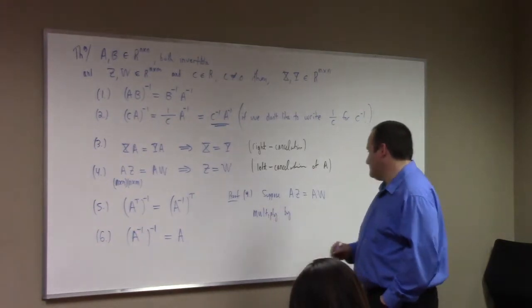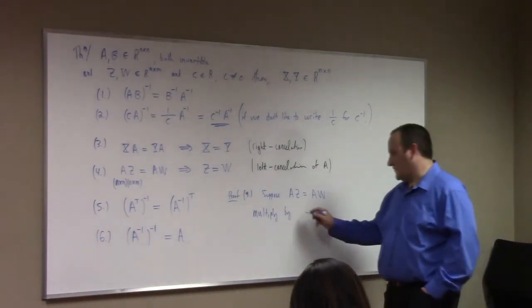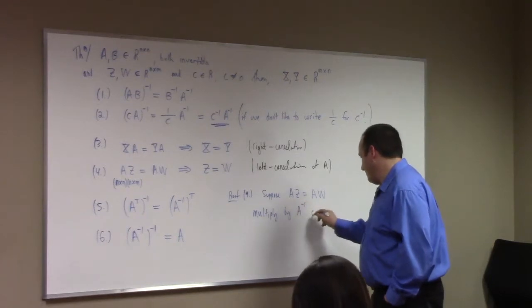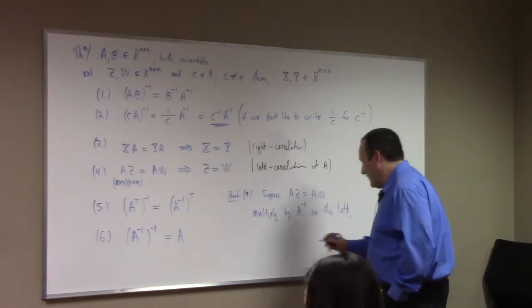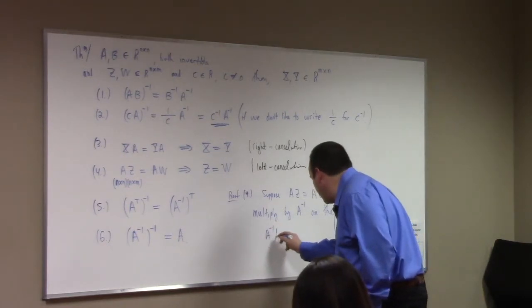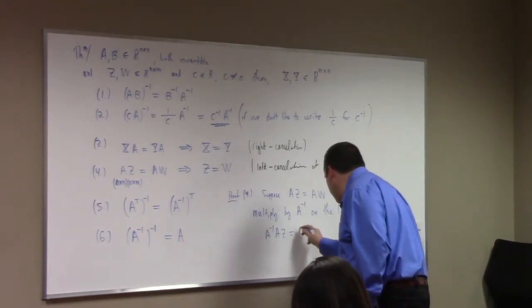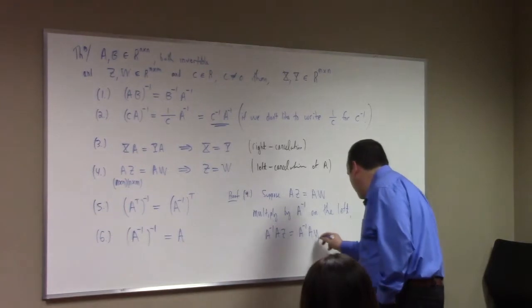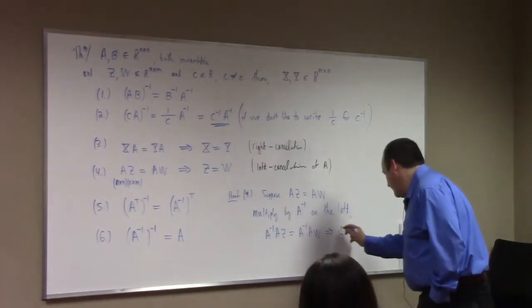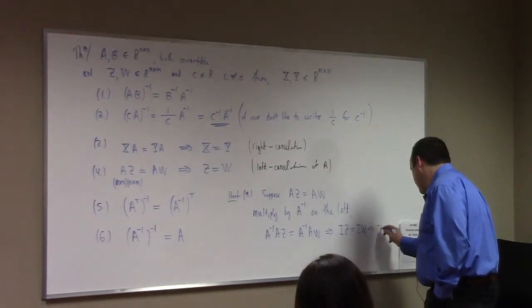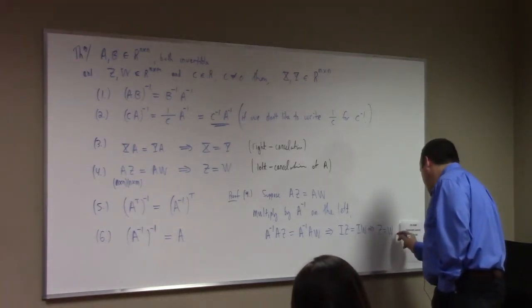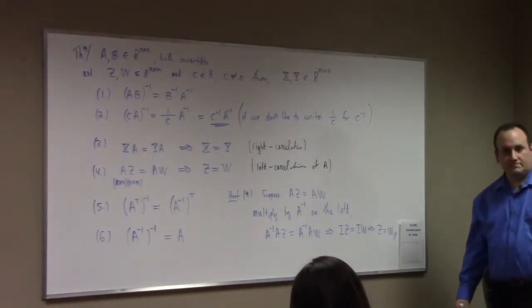Multiply by A inverse, right, on the left. And that gives us A inverse AZ is equal to A inverse AW, which implies that IZ is equal to IW, which implies that Z is equal to W. That's it.